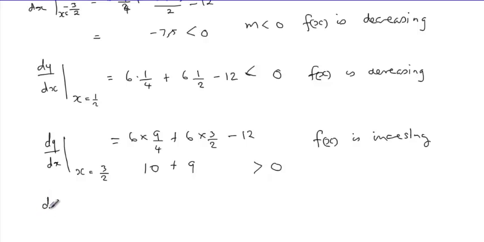The second derivative is the first derivative of the first derivative. Did you hear that? Sounds a bit like nonsense. The second derivative is the first derivative of the first derivative.